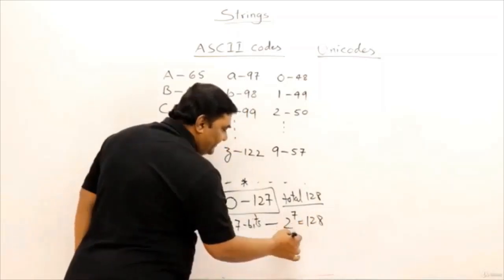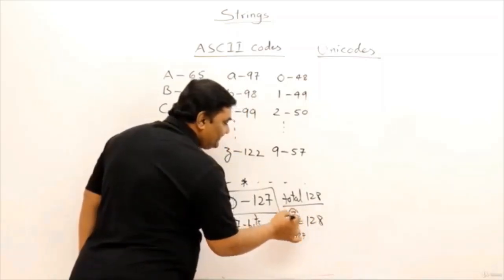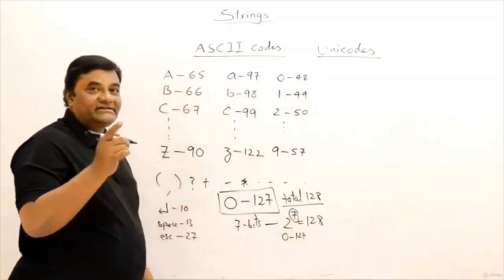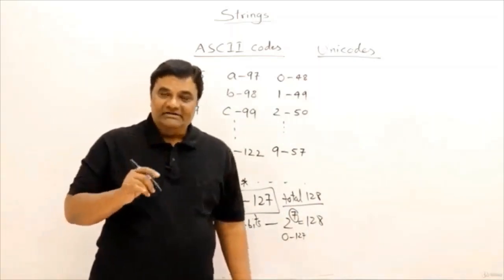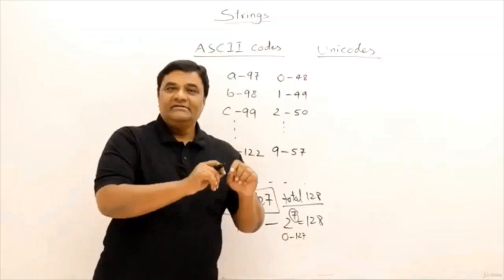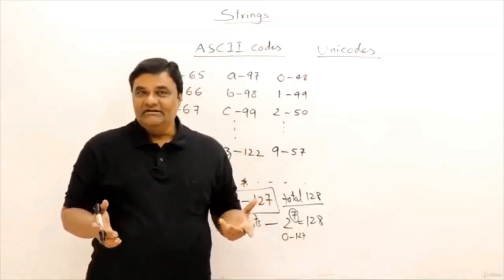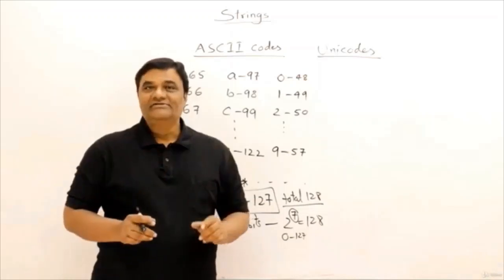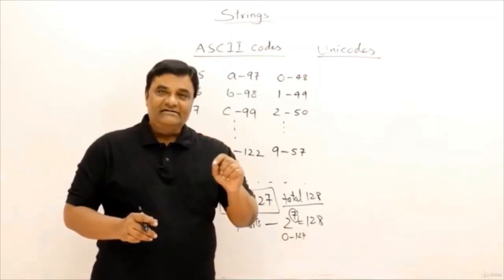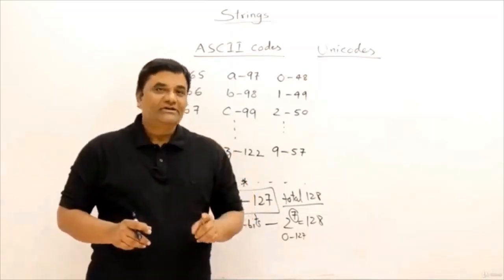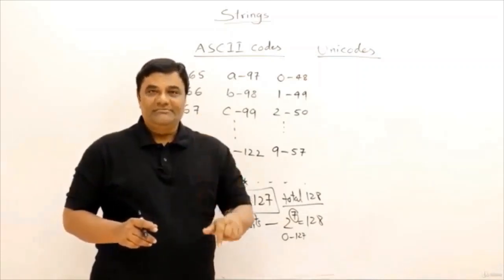So it ranges from 0 to 127. So only 7 bits are sufficient for ASCII codes. But while allocating memory in main memory, that is in the RAM, 7 bits are not allocated. A minimum of 1 byte is allocated. So that's why a character, that is the ASCII code, is stored in 1 byte in computer memory.